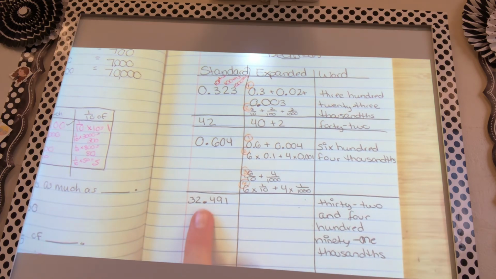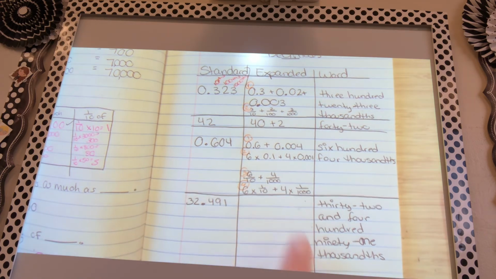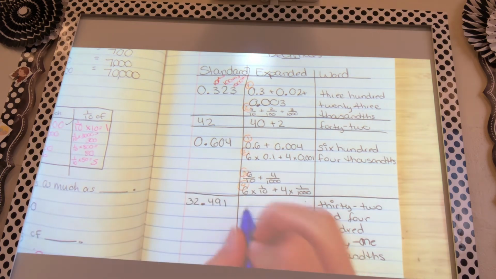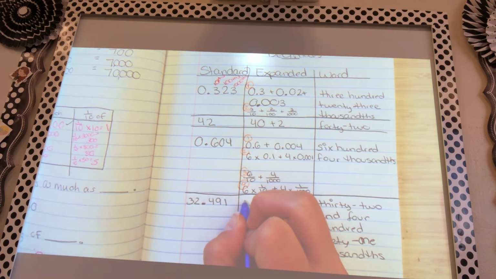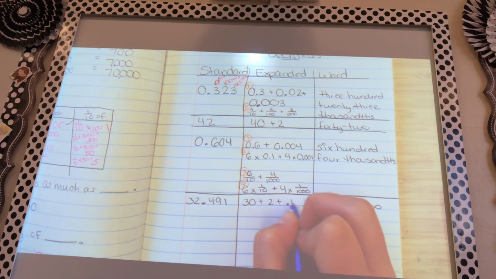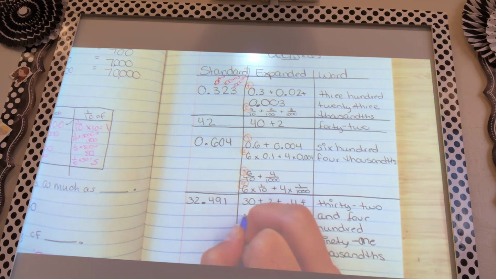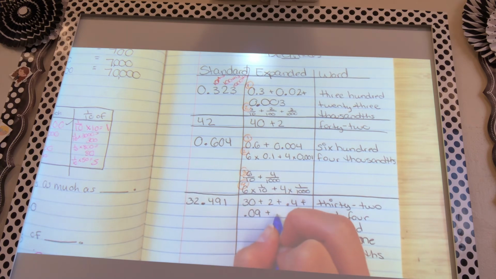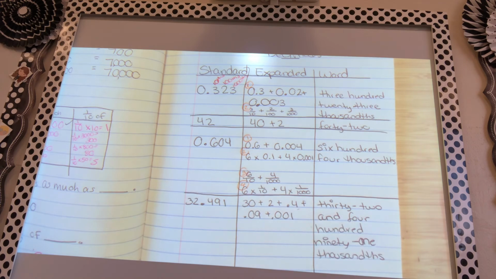So I look over here and to write expanded form, remember I have 4 different possible ways I could write it. So I would write 30 plus 2 plus 4/10 plus 9 hundredths plus 1 thousandth.